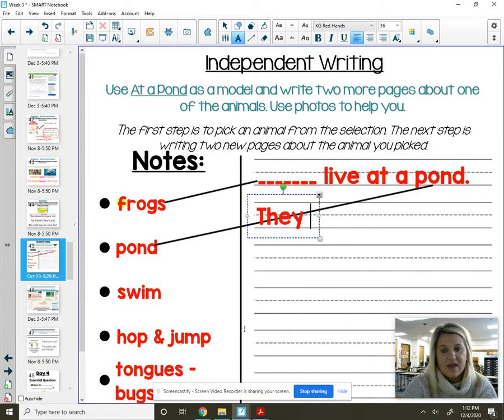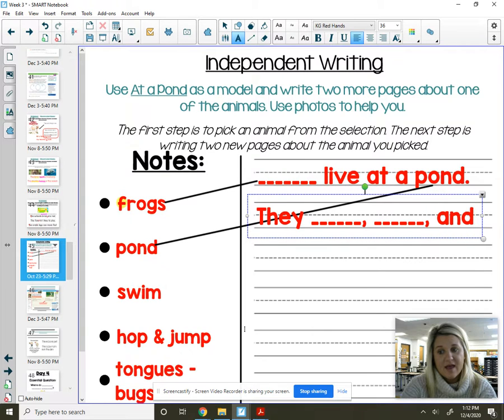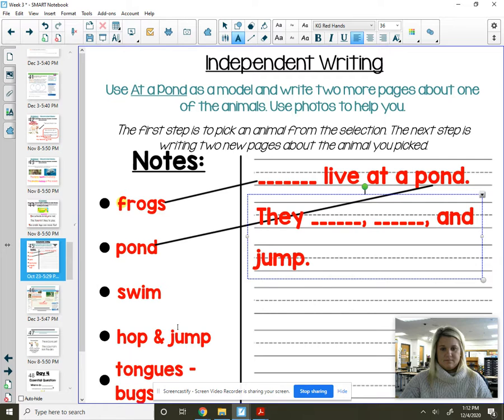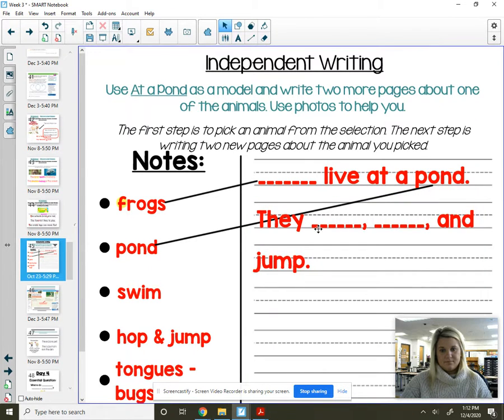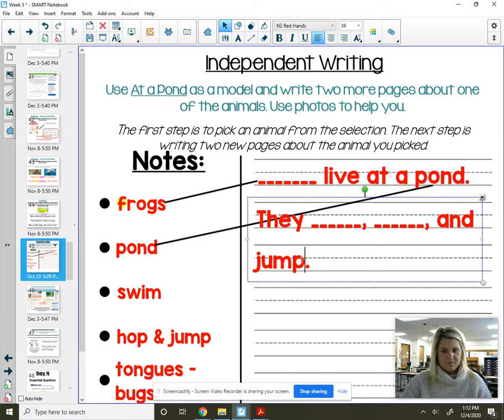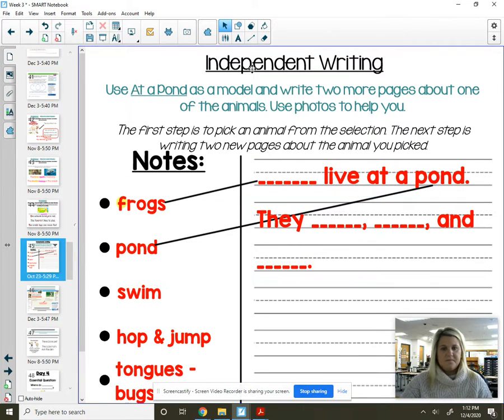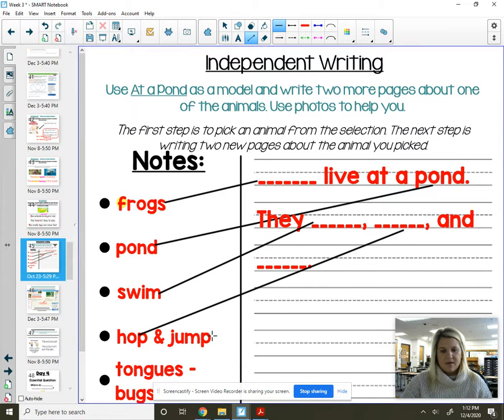So you're going to write swim, comma, hop, comma, and jump. You should be able to write that. They swim, hop, and jump.